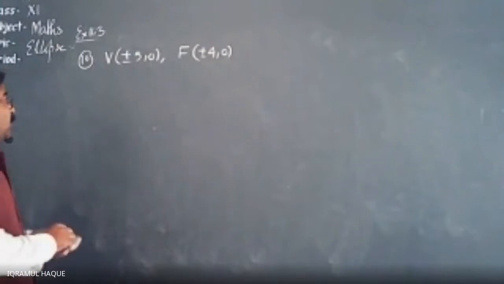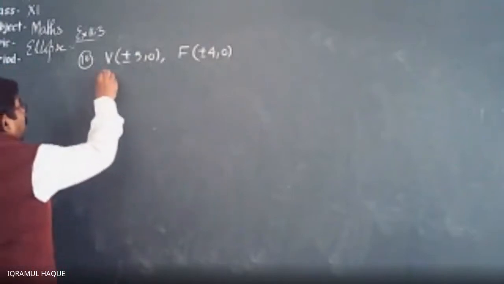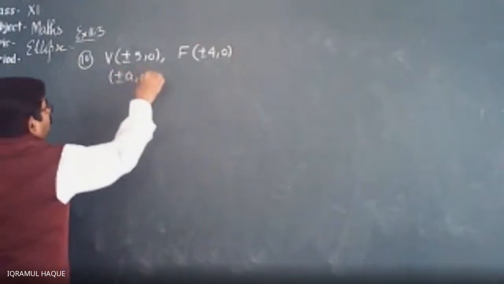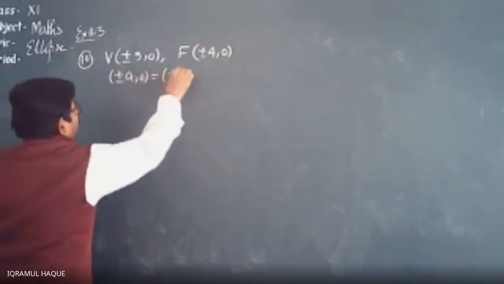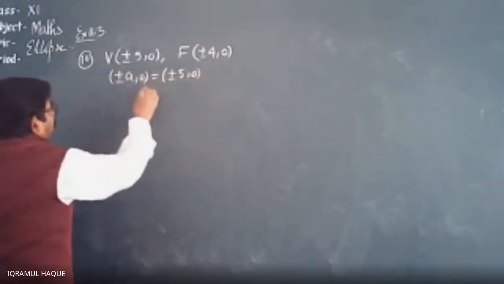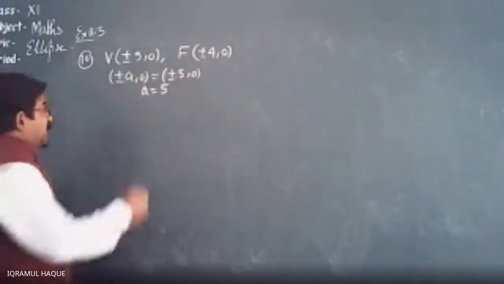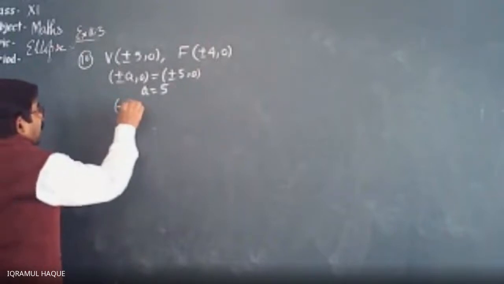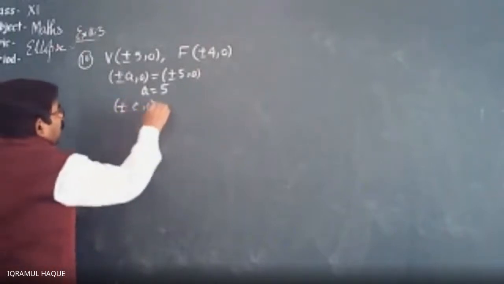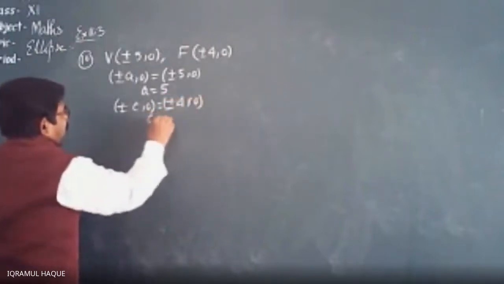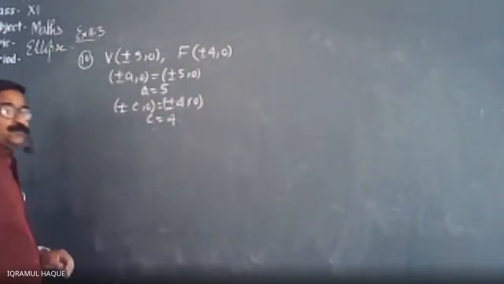So the vertices are plus minus a, 0, which is equal to plus minus 50, so a is equal to 5. And the foci are plus minus c, 0, which is equal to plus minus 40, so c is equal to 4.